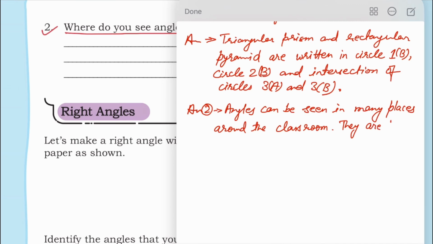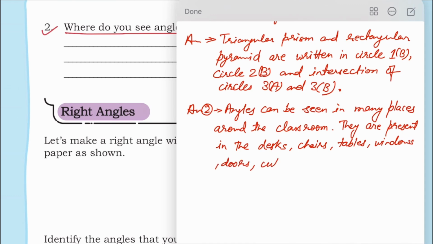They are present in the corners of desks, chairs, tables, windows, doors, cupboards, and even in the whiteboard or chalkboard.